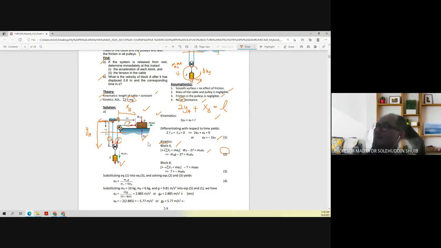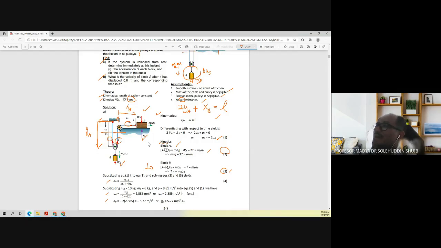And then for block B, summation of force in the x direction, with right as positive, you have minus P equals MB times AB. Then you substitute all of this to find the accelerations.